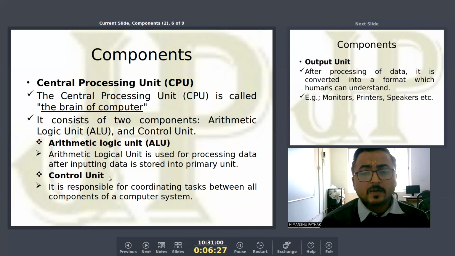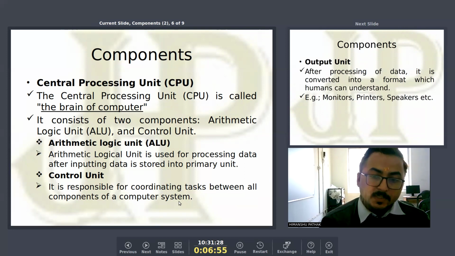As we saw earlier in the functionality of computer, we need a unit through which we can control every part of computer. So in the CPU, there is a specific unit known as the control unit, which is responsible for coordinating tasks between all components of the computer system.